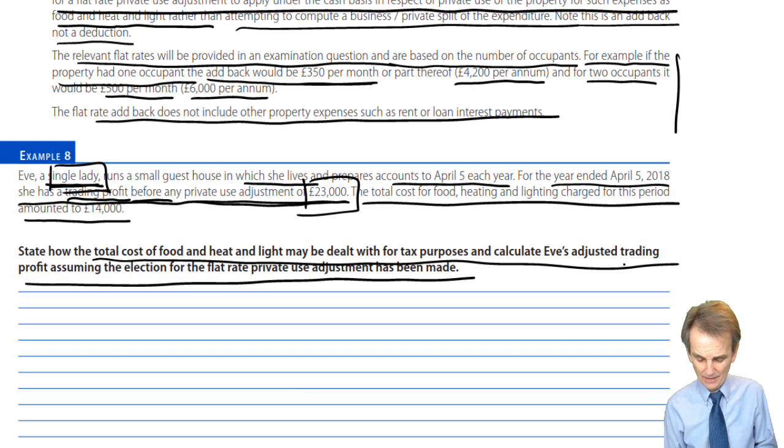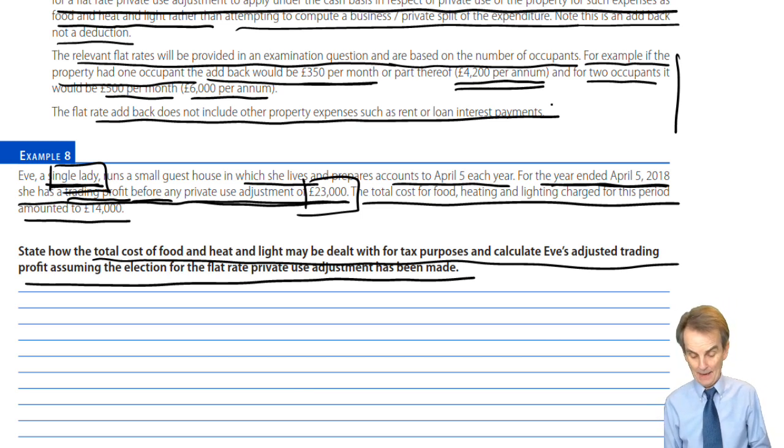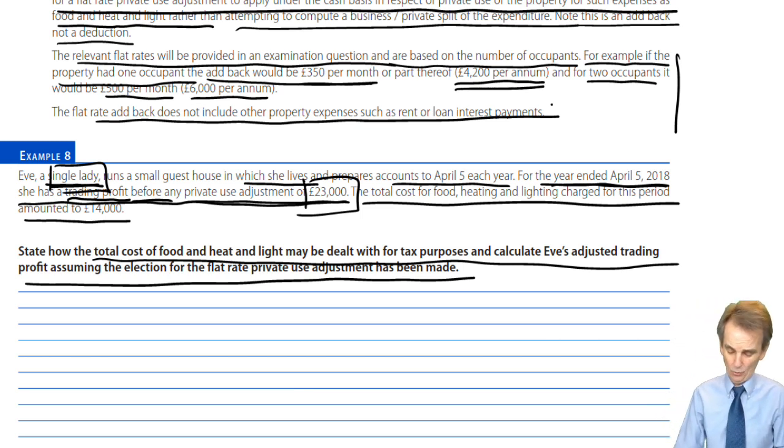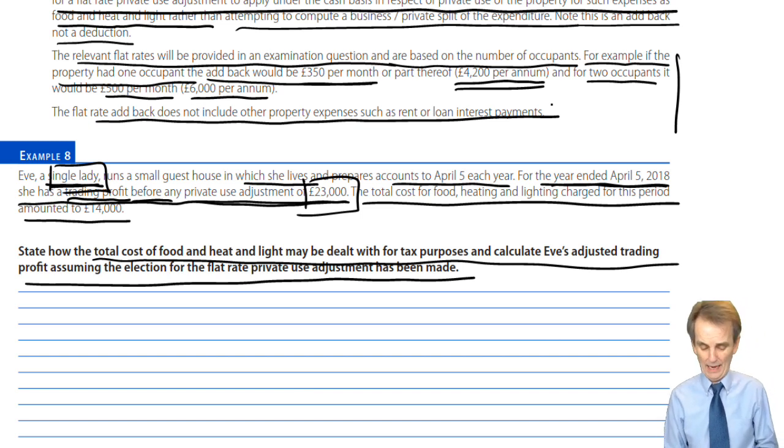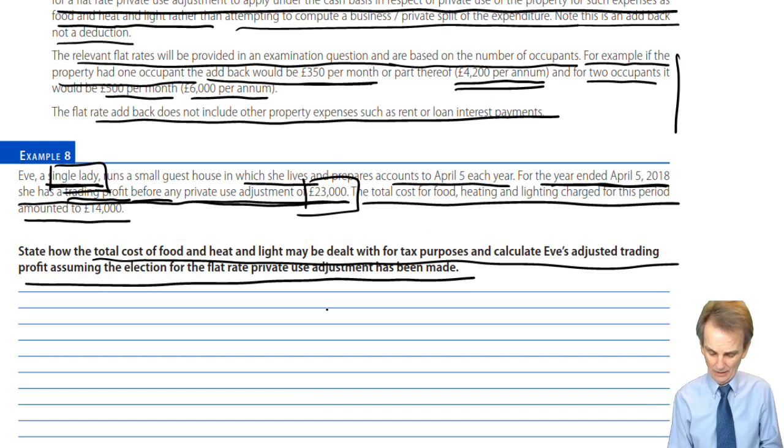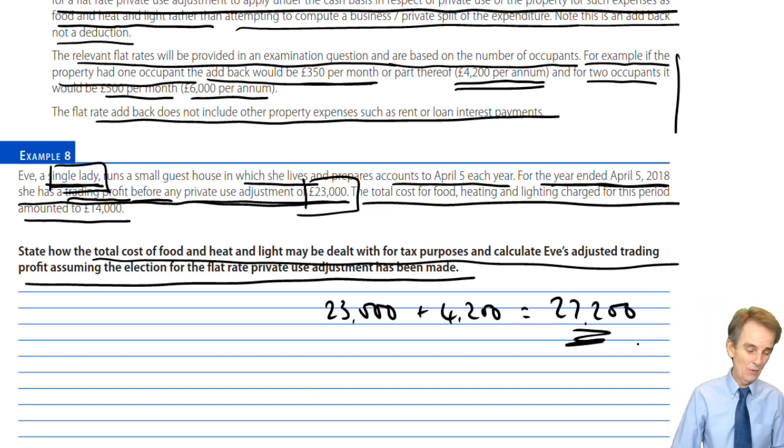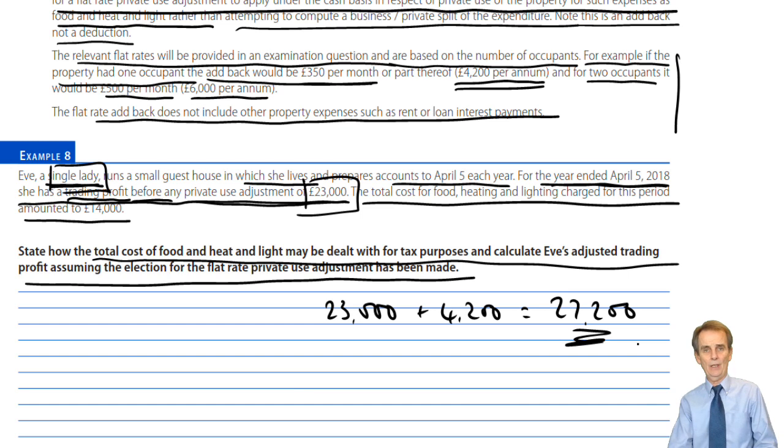We're dealing with the accounting year ended 5th of April, so it's the full 12 months, so that's £4,200 per annum. So on that basis, we will add back 4,200. So it will be 23,000 plus the 4,200. So what's that? £27,200, therefore, would be our figure of adjusted trading profit.